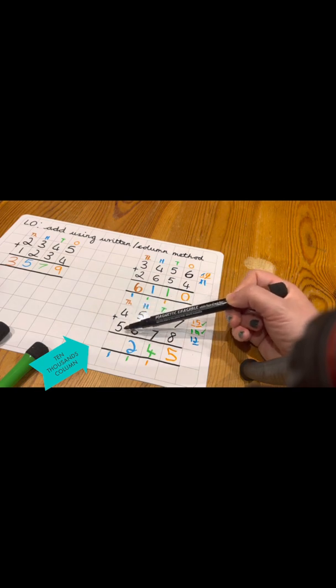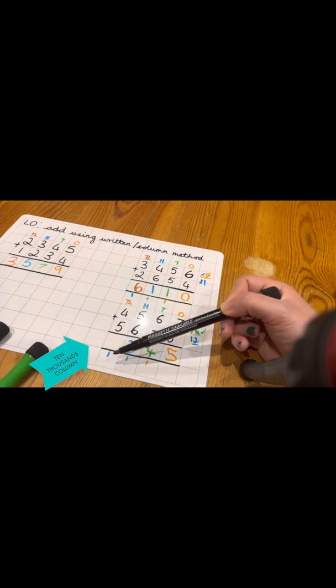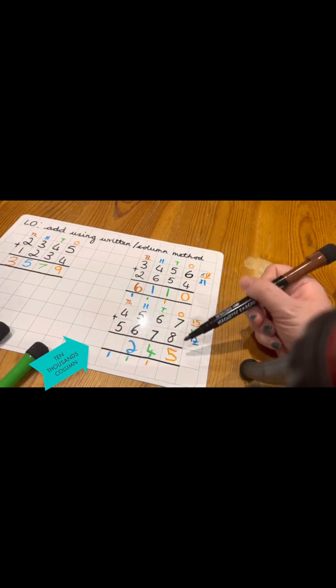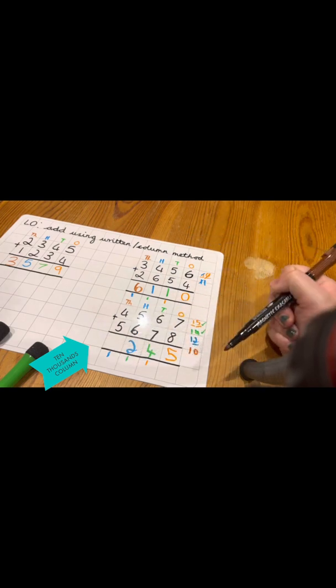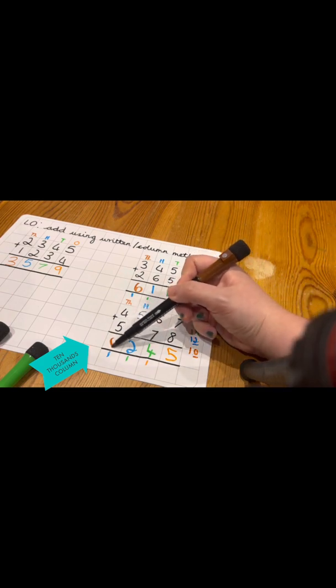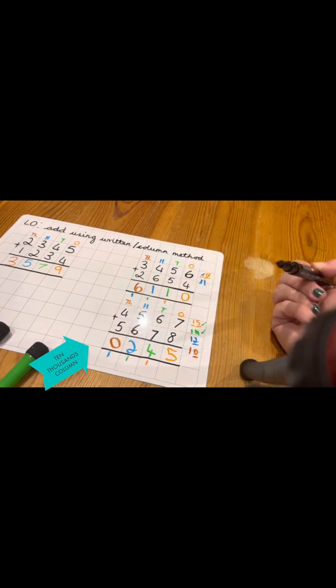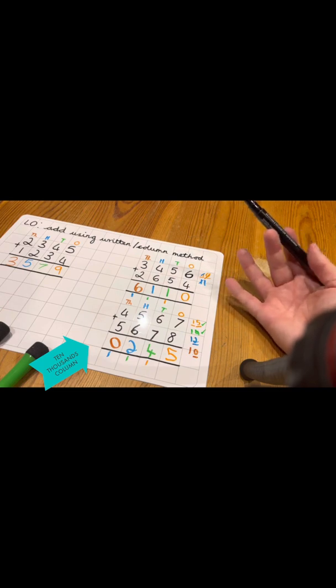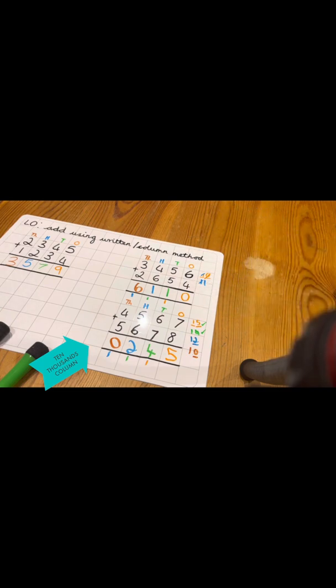So 4 and 5 is 9, plus 1 is 10. Now you'll notice something here. That 0, we have room to put it. But where does that 1 go? Can't go flying around in midair. Really straightforward though. All you have to do is put it here this time. So we're starting a new column for it actually.